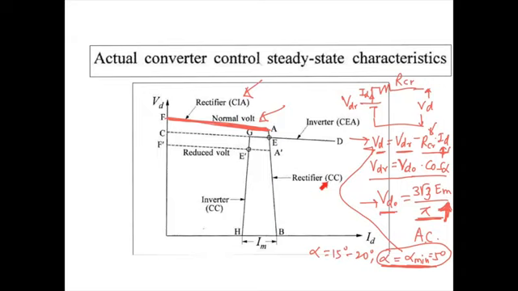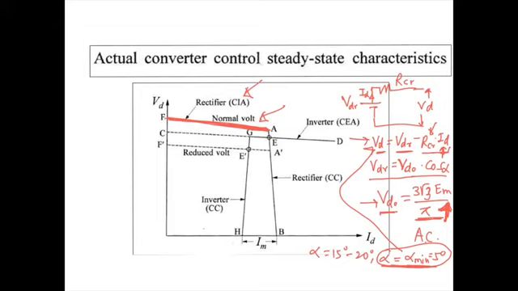For example, if the current setting of rectifier is at point B, then the current setting for inverter is set to point H, and a small margin, generally 10%, is set between the constant current controller of rectifier and the constant current controller of inverter. So for example, if the current at point B is 1 per unit, then the current at point H is set to 0.9 per unit.